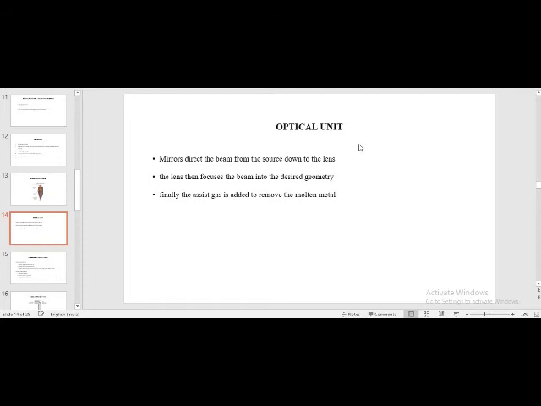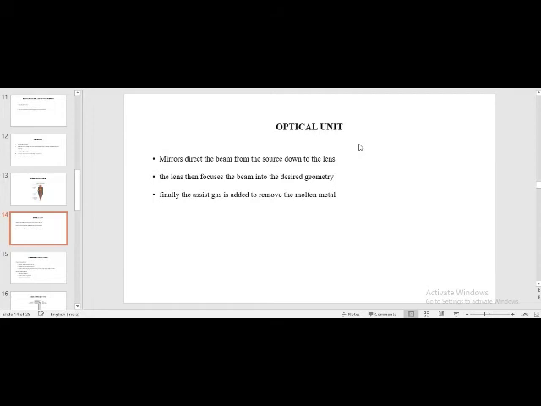Optical unit. Mirrors direct the beam from the source down to the lens. The lens then focuses the beam into the desired geometry. Finally, the assist gas is added to remove the material. The mirrors direct the beam down to the lens to concentrate all the laser on a single lens.